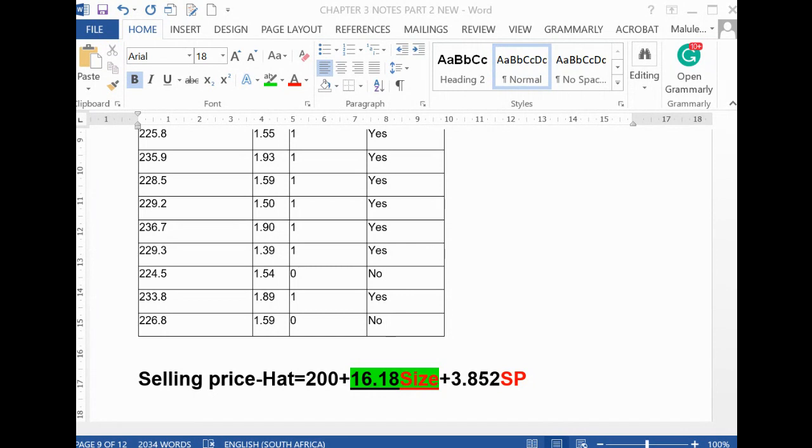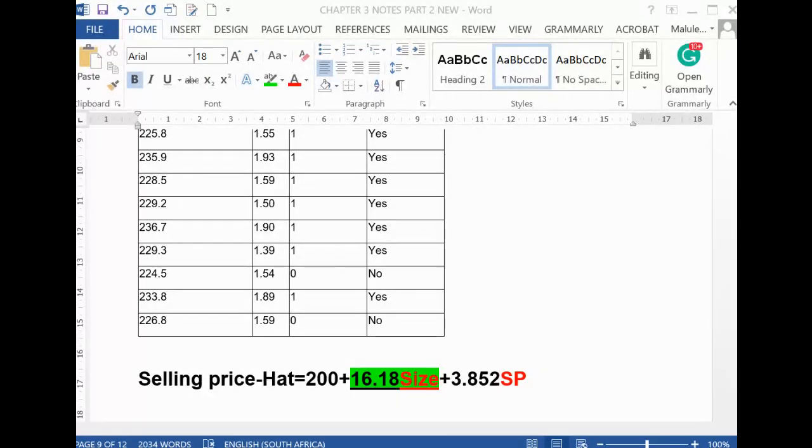The swimming pool, sir, yes. I think you will say with holding the effect of size constant, a house with a swimming pool is expected to cost 3.852 more than a house without a swimming pool.